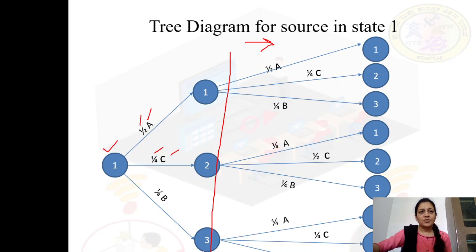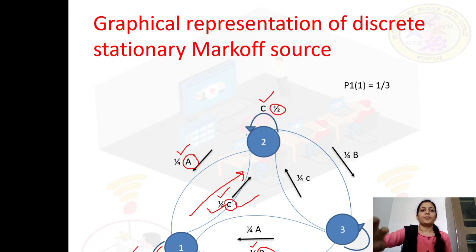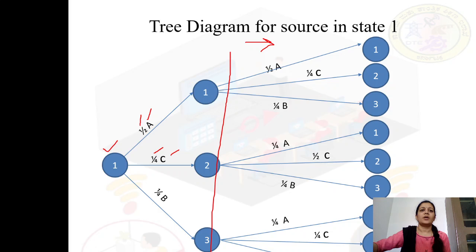When it makes a transition from 1 to 3, the symbol emitted is B, and the transition probability is 1 by 4.